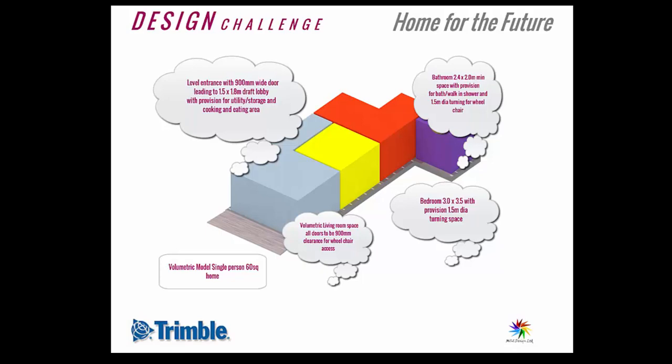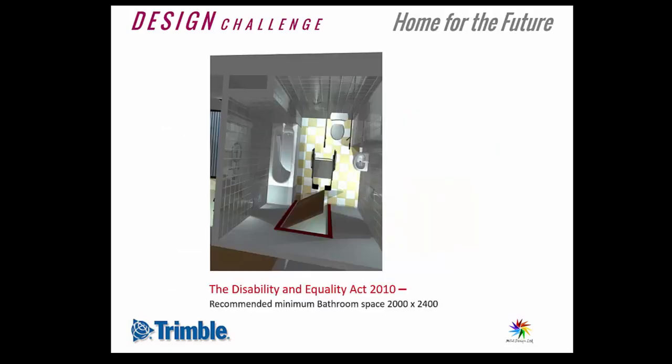From a sustainability point of view, regarding keeping heat in, we need to consider having a draft lobby so that when the door opens, all the cold air doesn't come into the building and hot air doesn't escape. So we need to think about how the units will link with one another and how it will create a sustainable home for the future.